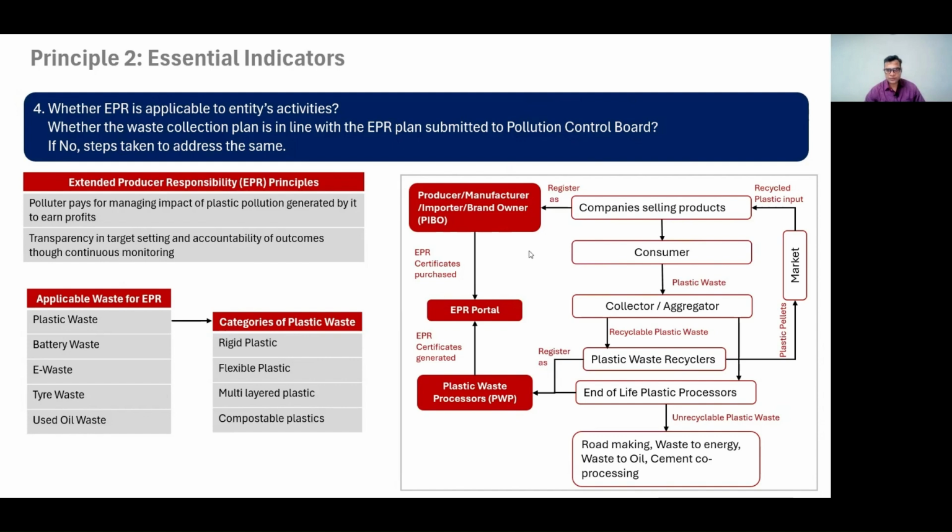The PIBO consists of companies like Nestle, Hindustan Unilever, whose products are sold in plastic packaging. And PWP consists of plastic waste recyclers and end-of-life plastic processors.